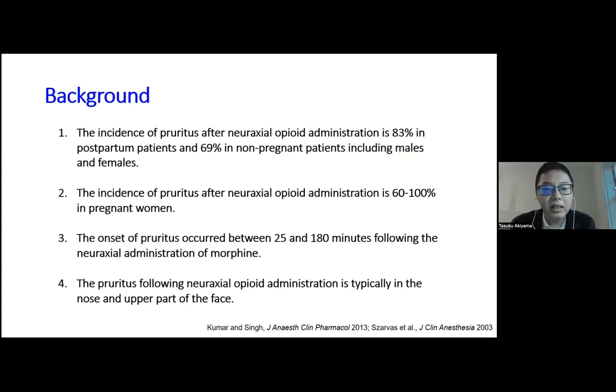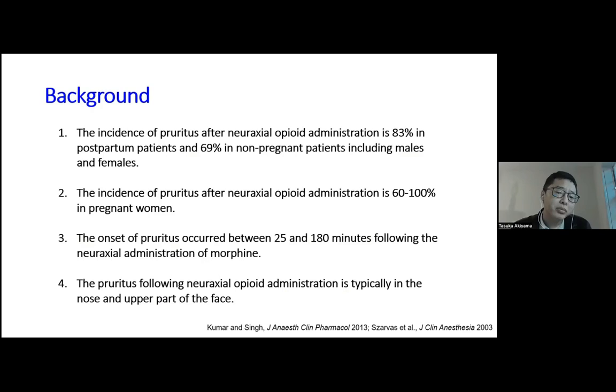Interestingly, the current study is focusing on the mechanisms of the morphine-evoked itch in the spinal cord, only in the spinal cord, not other brain regions. But there's a discrepancy.